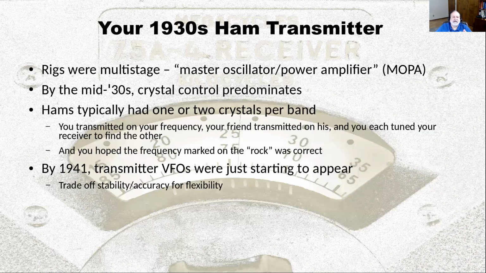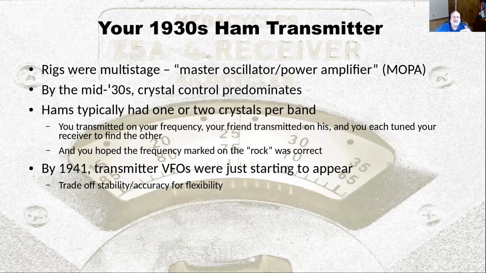Now, your ham rig by the 30s was going to be typically multi-stage, something called a master oscillator power amplifier design, which had an advantage for frequency control because the oscillator was no longer directly tied to the antenna. It didn't have to make as much power, so it didn't heat up as much. And by being isolated from the antenna, it wasn't impacted by the antenna wires swaying in the wind, for example.